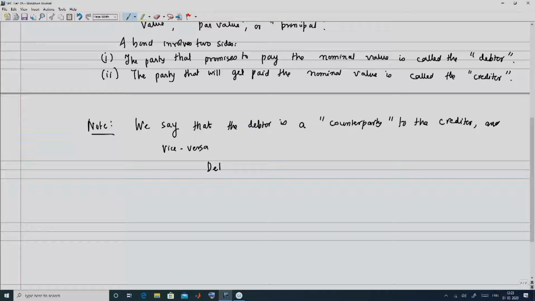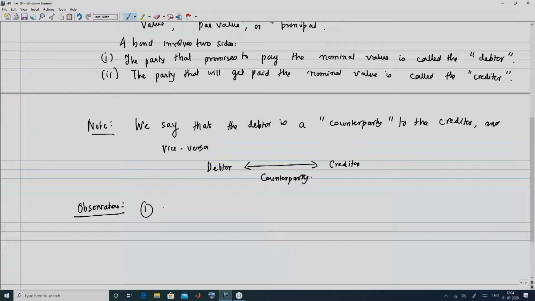So, this means that we have this debtor and we have the creditor, and they are counterparty to each other.